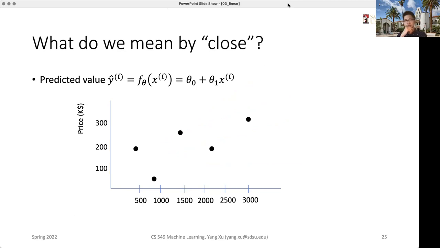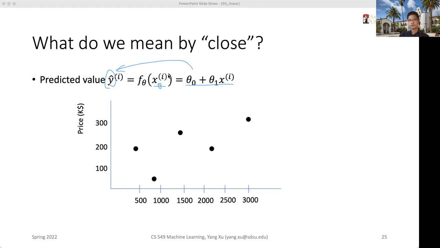Now let's mark the predicted value of the linear function with this y hat notation. The xi is from the real data, the size of a house, and we substitute xi into the linear function, theta 0 plus theta 1 times xi, which gives us the predicted value y hat.